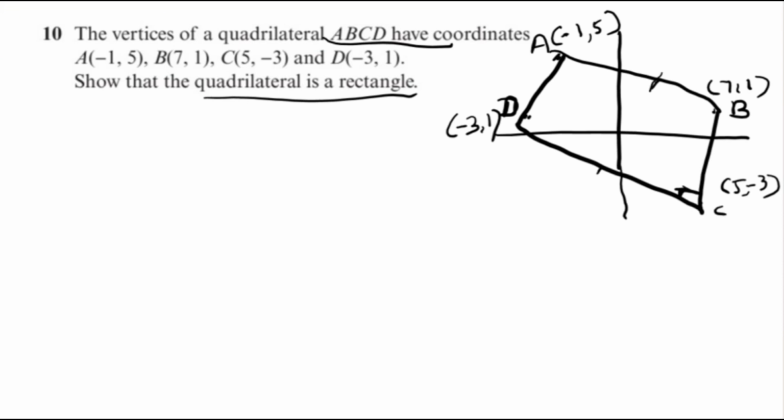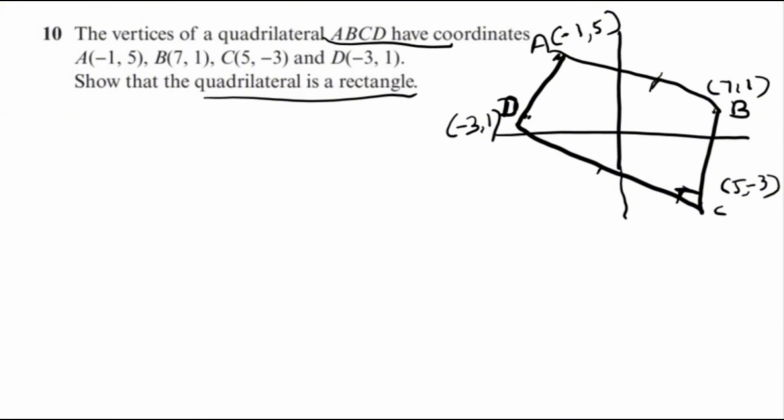That will give us an idea of the position of the coordinates, and will also help us find which are the opposite sides and which are the adjacent sides. Now to prove the rectangle, we can prove that the opposite sides are parallel, so they have the same gradient, and the adjacent sides are perpendicular, so the multiplication of the gradients is minus 1, meaning they are perpendicular to each other.